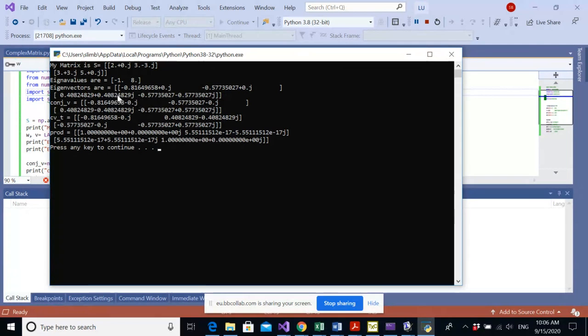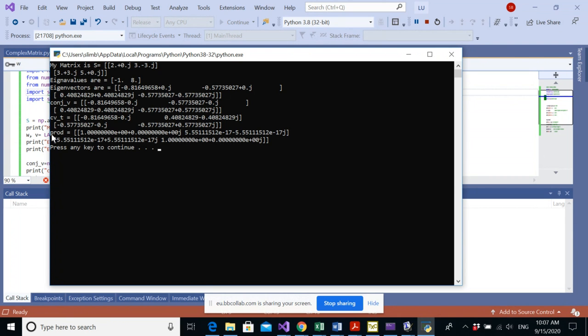And the second one has a complex component. It's 0.408 plus 0.408j, and minus 0.577 plus minus 0.577j.